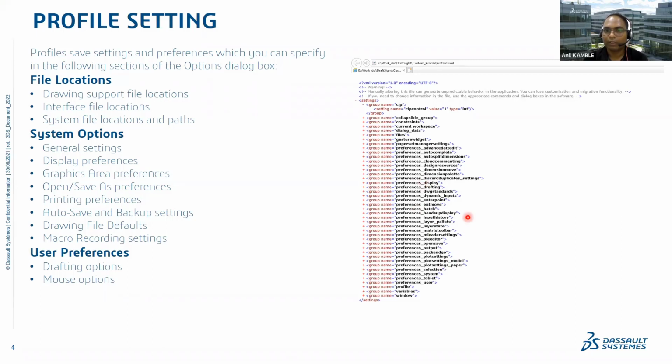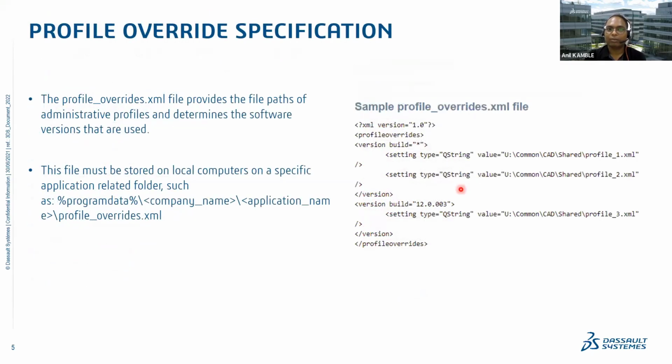That's the profile that you saw, and now how can we override it? We can override it with a file named profile_overrides.xml. This file stores the file paths that an administrator provides.